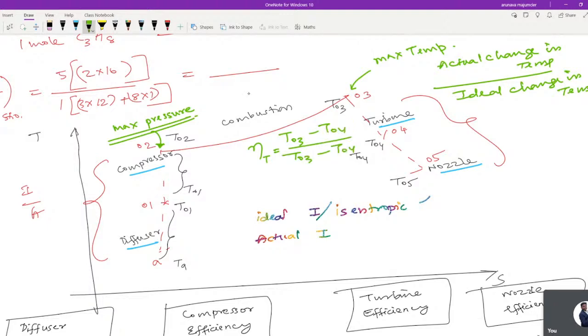Right? Now, where we have the ideal, we have to put the prime. So this is the ideal one, because A by I. The end means when the flow is coming from 3 to 4, the end one you have to give prime always. Similarly for the nozzle, eta N, you can write T naught 4 minus T naught 5 by T naught 4 minus T naught 5.